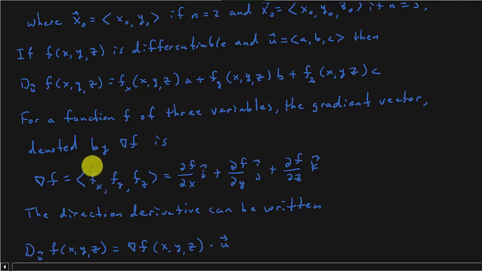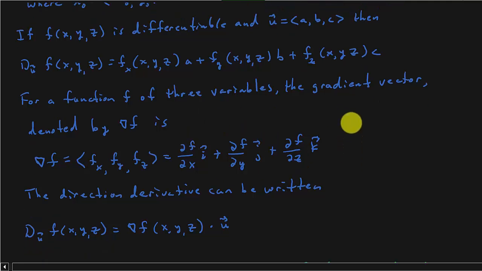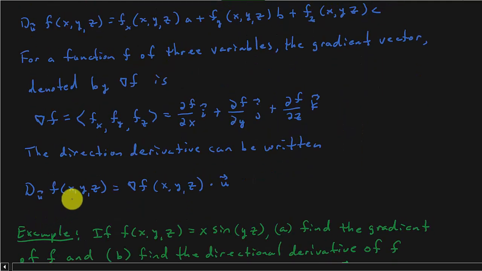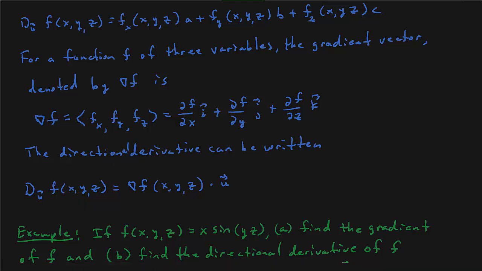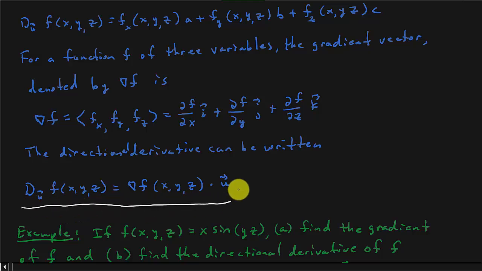Once again, it's just the partial of f with respect to x, partial with respect to y, partial with respect to z, or we could write it in the ijk form. The directional derivative can be written as this. It's the same thing: the dot product of the gradient and the unit vector.